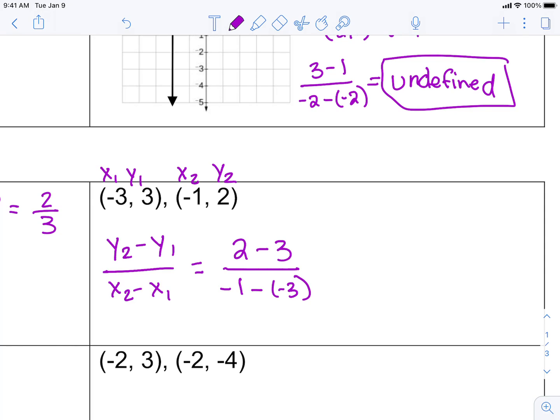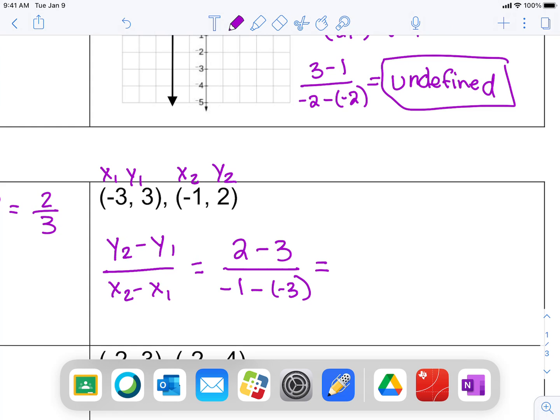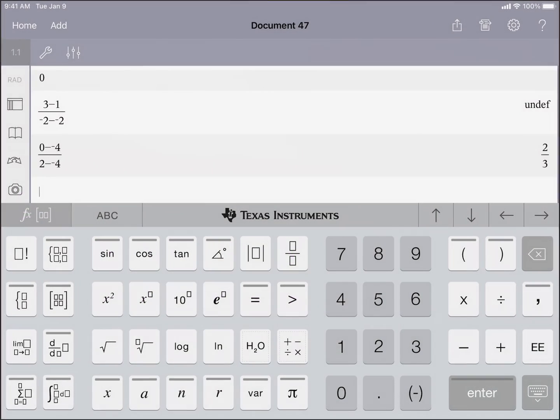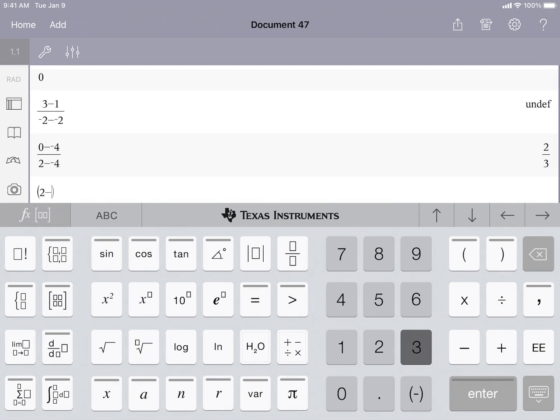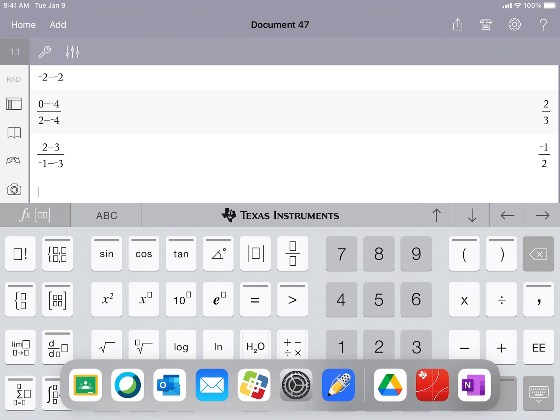Again, be careful because it's minus and negative. And then we're just going to plug it into our handy dandy calculator. So 2 minus 3, and then -1 minus a -3. Enter. We get -1/2.